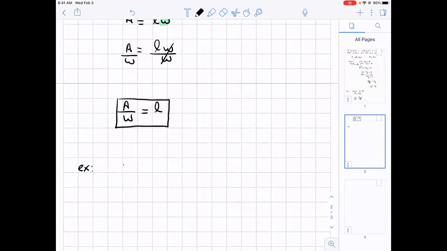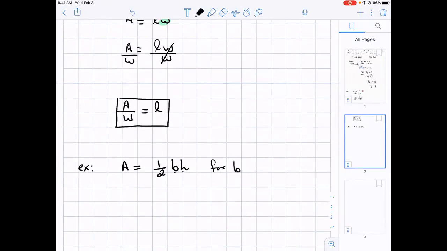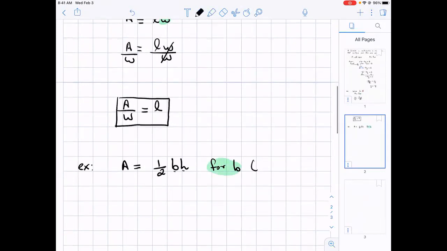How about if I give you A is equal to 1/2 BH? This is the formula for the area of a triangle. 1/2 the base times the height. Now, when we say for B, this indicates that you should solve for B. So this implies solve for B. That's what it means.